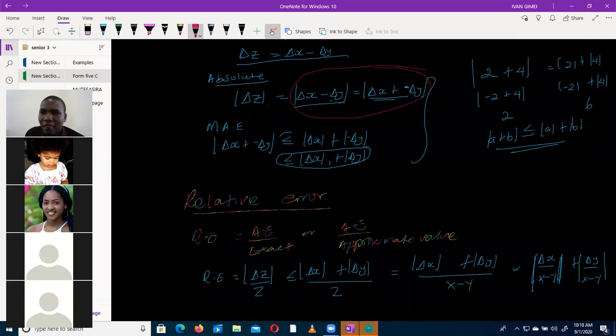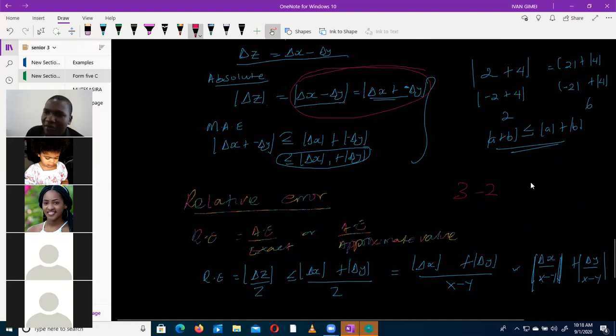That one. We said, if I have 3 minus 2, I can write this as 3 plus negative 2. Do you agree with that? Yes. So even here we said error in X minus error in Y, we can write it as error in X plus negative error in Y. Then we went ahead and introduced modulus.